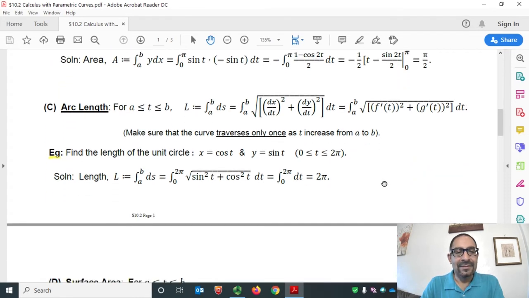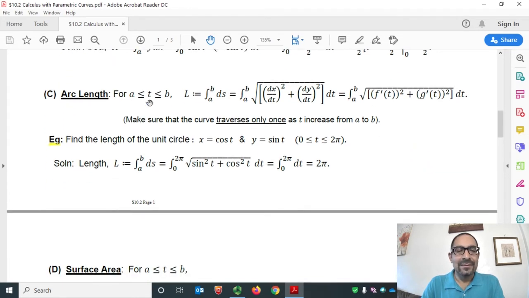Arc length. For t between a and b, the formula for finding the arc length is L equals the definite integral of ds. This is the formula we found in chapter 8, where ds equals the radical of (dx/dt)squared plus (dy/dt)squared times dt.